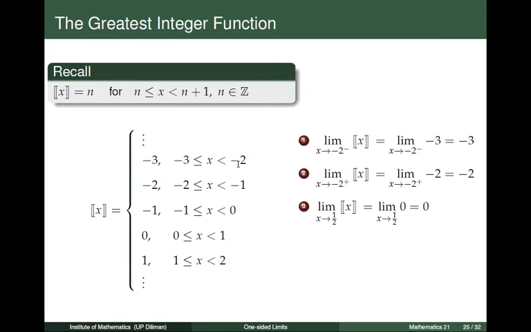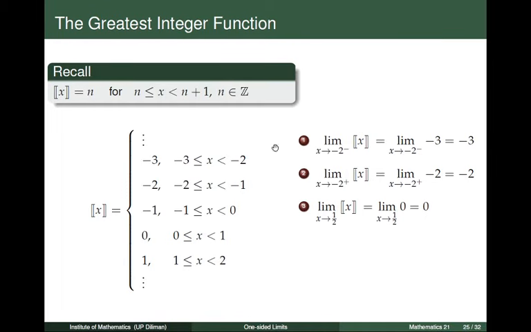And correspondingly, for this interval, the value of the greatest integer of x is equal to negative 3. For any value of x that is very, very close to negative 2 but less than negative 2, the functional value of the greatest integer function is negative 3.